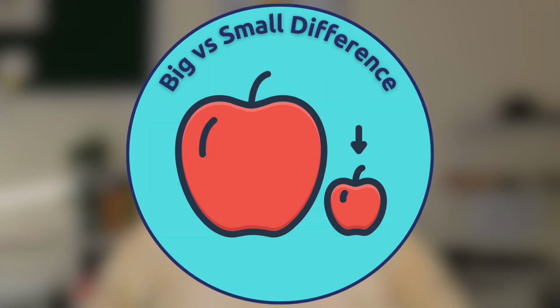Now, the other tip to note is to tell your reader whether you have a big or a small difference. To do that, you can use the adverbs that I told you about in the video on describing trends. And of course, if you haven't learned how to describe trends, why not? Make sure that you watch my video after this.